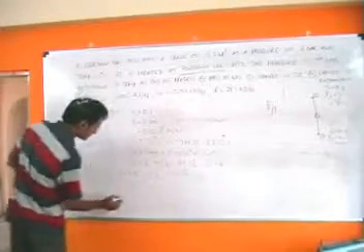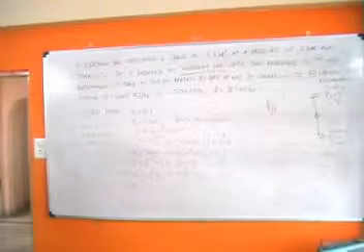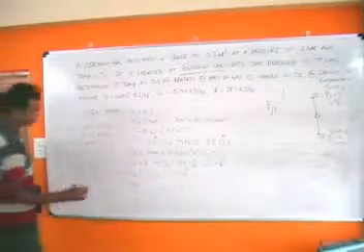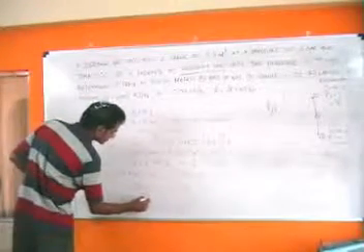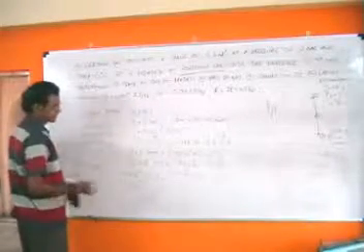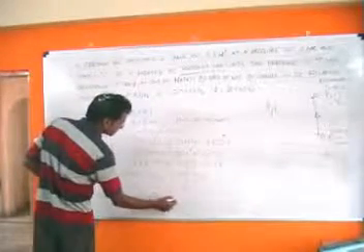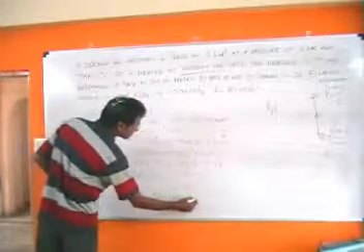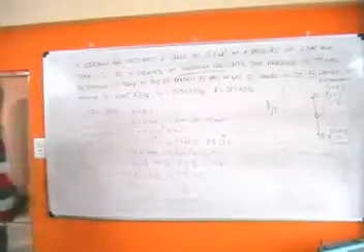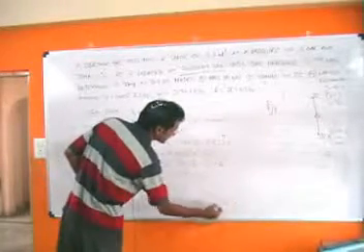So if you simplify this, you get the value of T2 as 1225 degree Kelvin. Again, while giving the answers, you need to give it back in the units which are given in the question, which means 1225 minus 273 equals 952 degree centigrade.